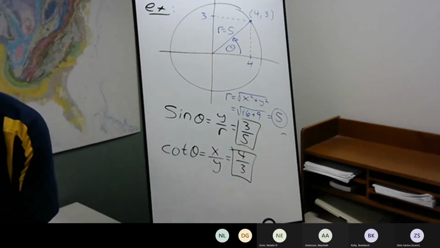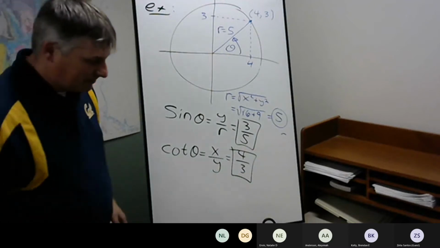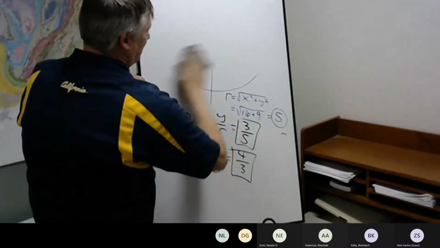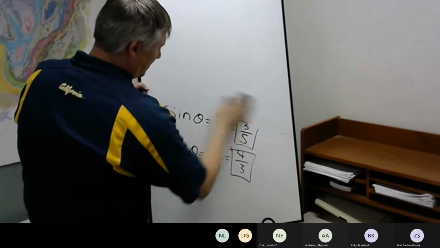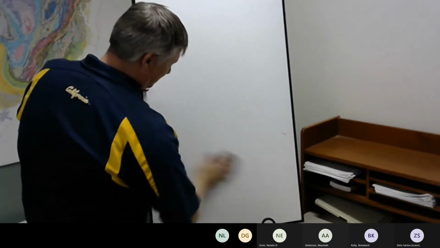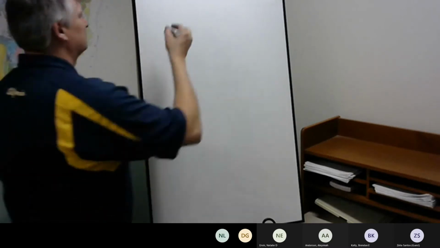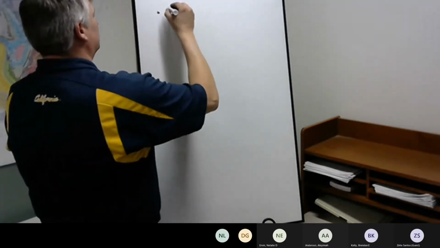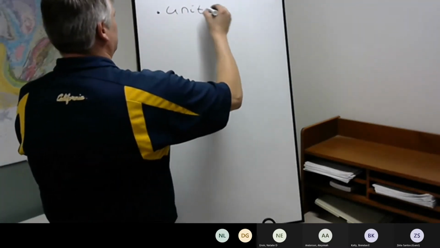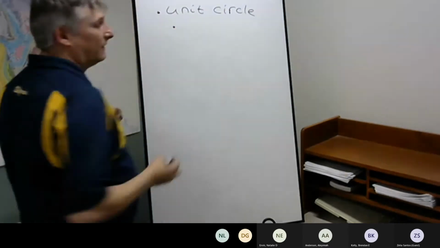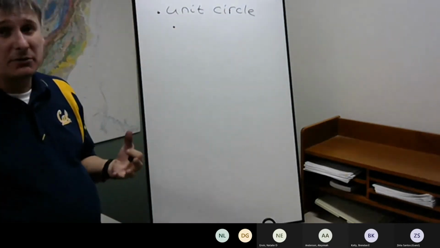All right. So part of this is we end up doing what's called the unit circle. And this is when the radius has a value of 1.